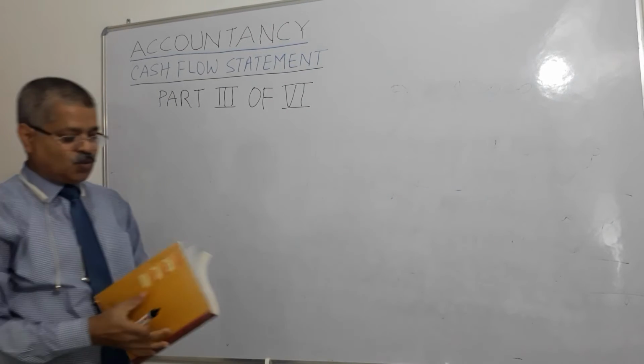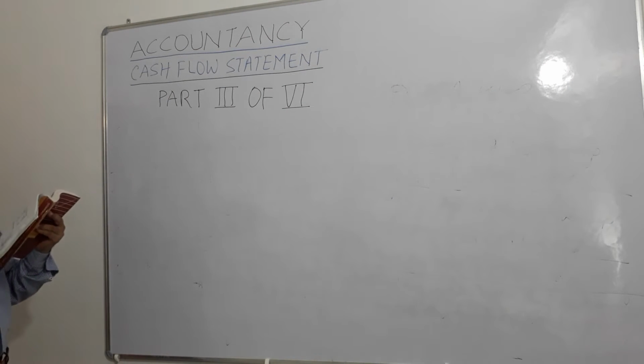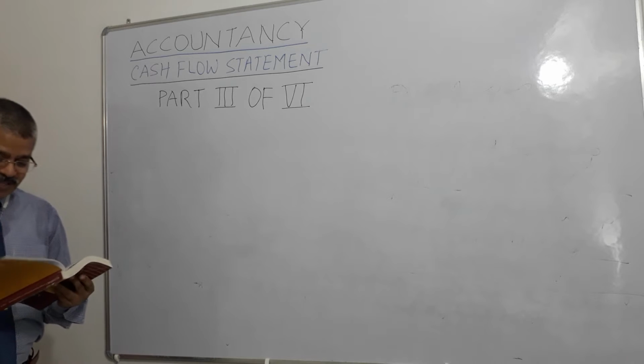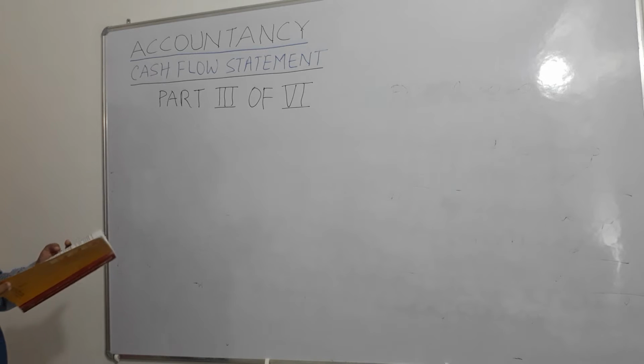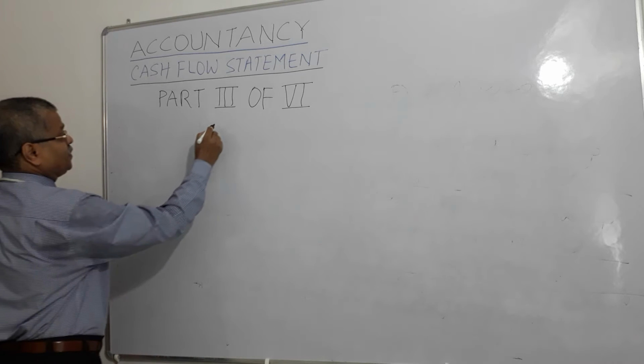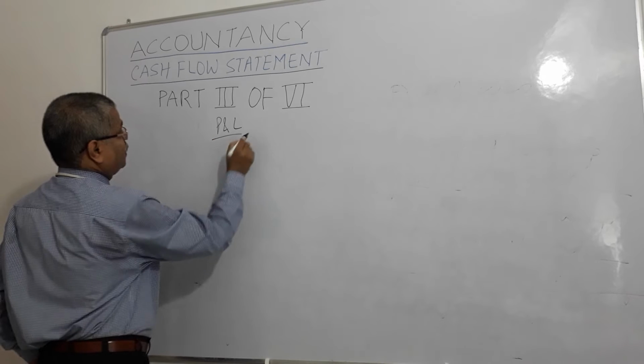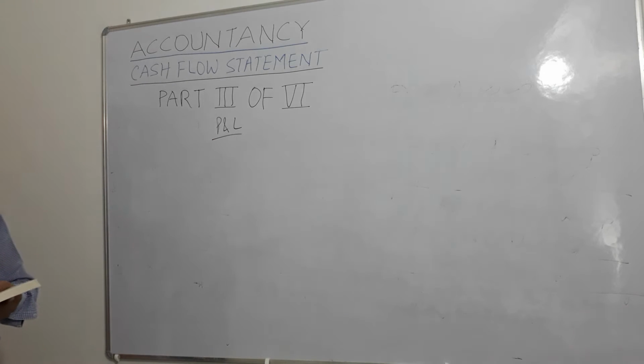So the sum goes like this. From the following information, calculate cash flow from operating activities using the direct method, which we have discussed. It is a P&L statement, right?